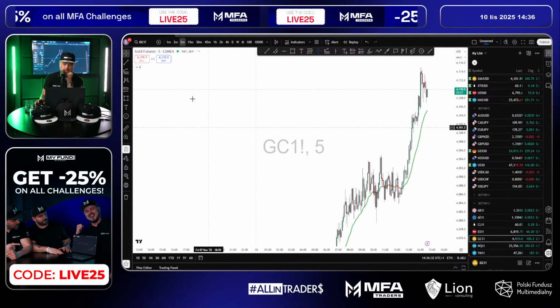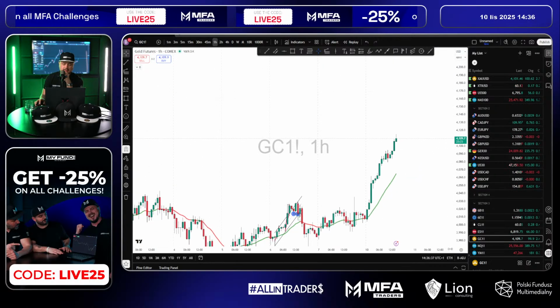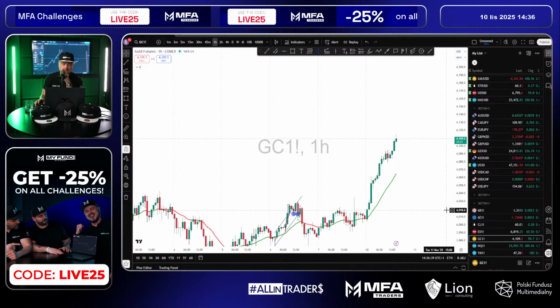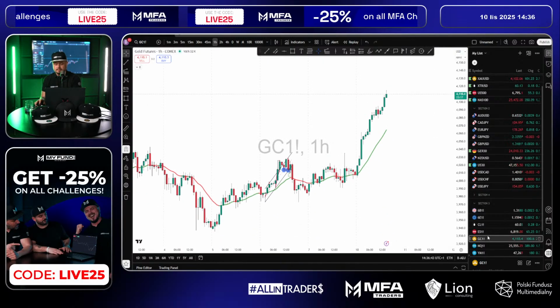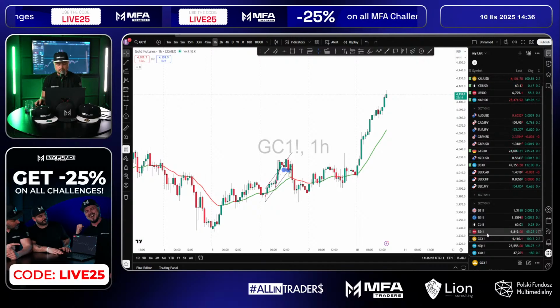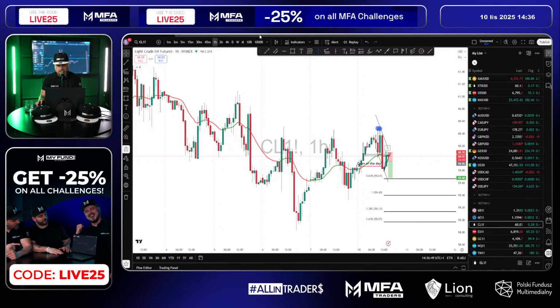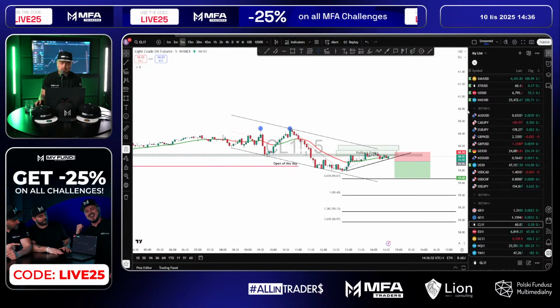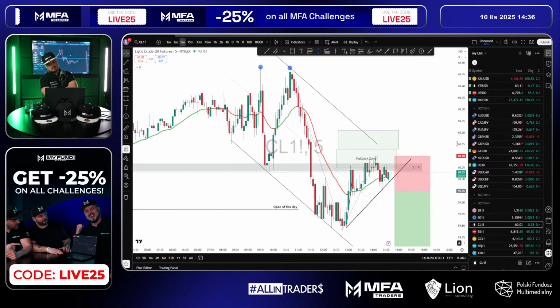I would like to sell on gold, but if we're looking at today's impulse, it's crazy, guys. More than 1,000 pips. Here we are very close to opening the position, but we need a nice candle.